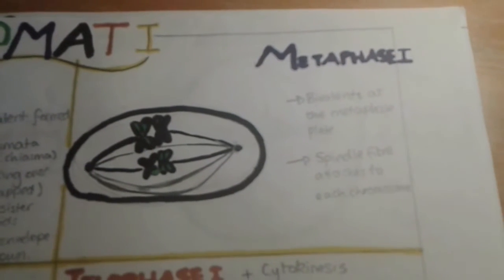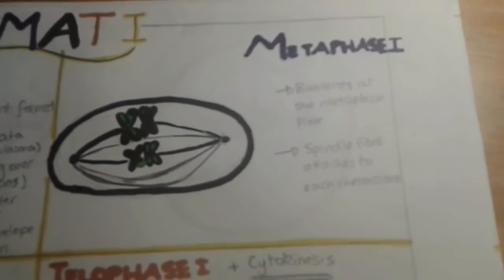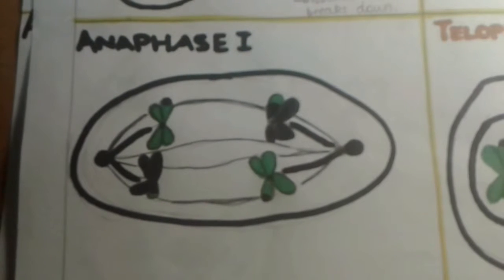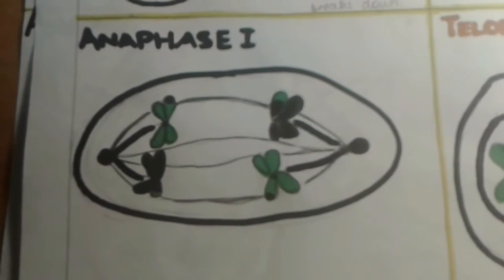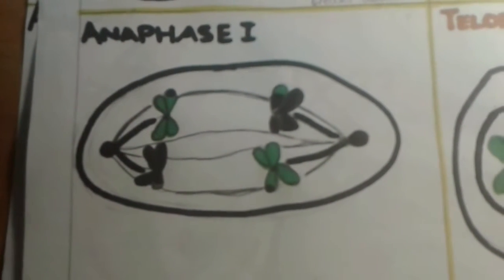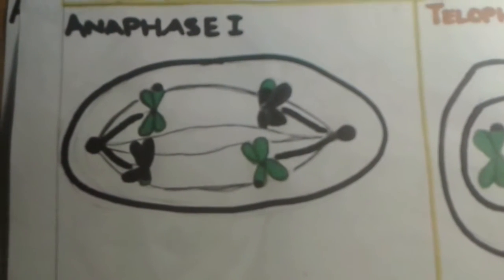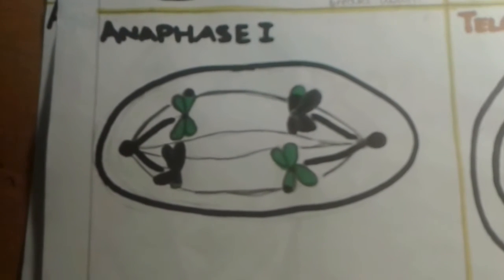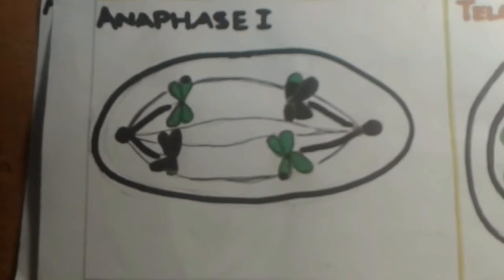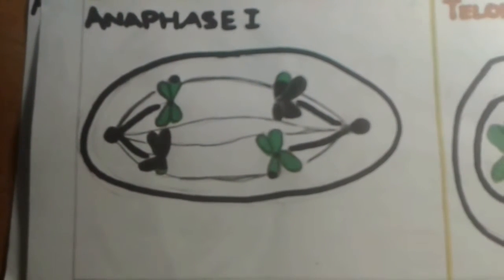You can also call this area where bivalents line up the metaphase plate. At the point of anaphase 1, each of the chromosomes in the bivalent move towards opposite ends of the cell. So they're separated and move towards the opposite poles of the cell.